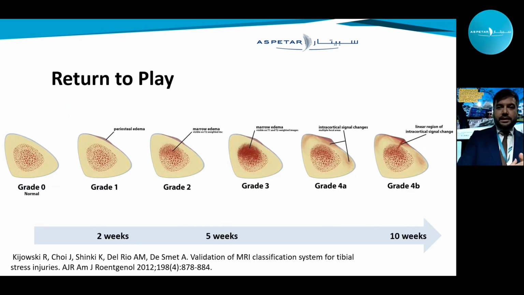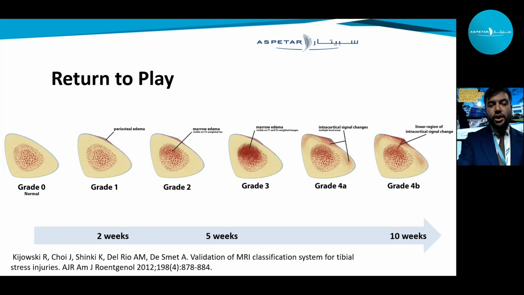Regarding return to play, in an article published by Kijowski, he found a correlation between grade 1 and grade 4B. Cases with grade 4B have about 10 weeks to return to play. Grade 1, just 2 weeks.